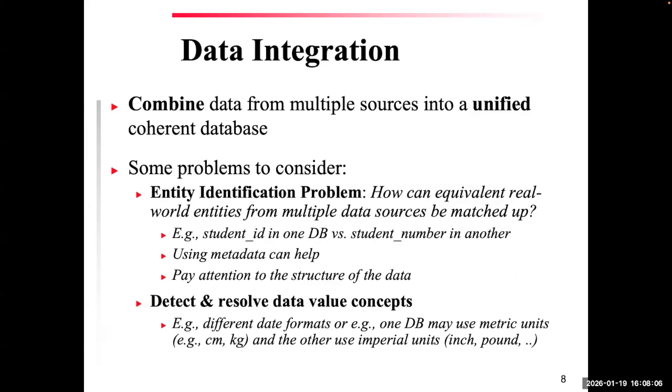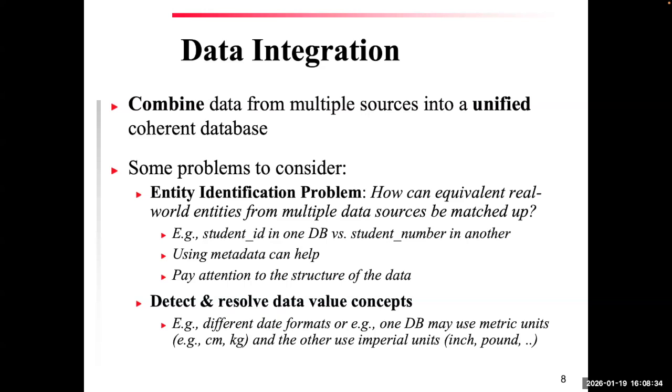One of the most common problems here is that when the sources are different, there might be some inconsistencies, and we have the entity identification problem, which is basically to make sure that the records or the data that we get from different databases are referring to the same thing.